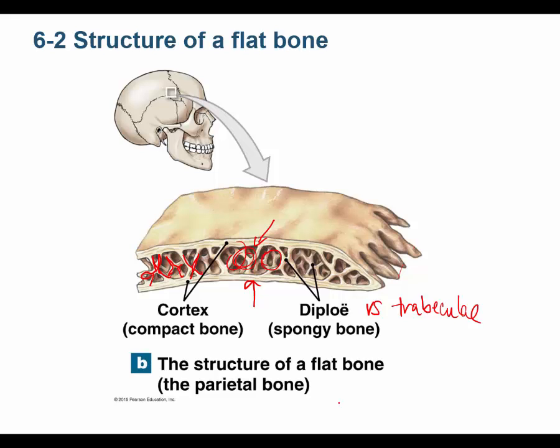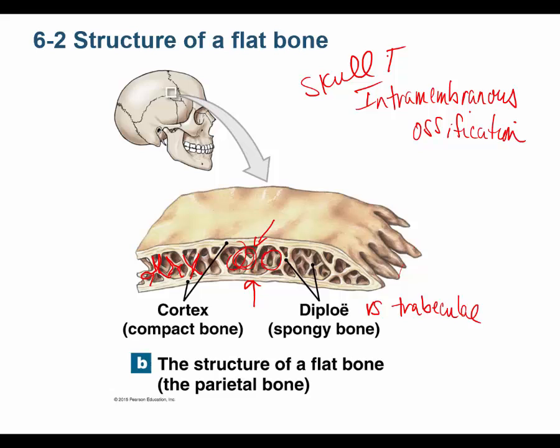The flat bones of your body are formed by intramembranous ossification, and actually I should correct that. Not all the flat bones are formed by intramembranous ossification. Many of them are, though. So skull bones and your facial bones, skull and face flat bones.